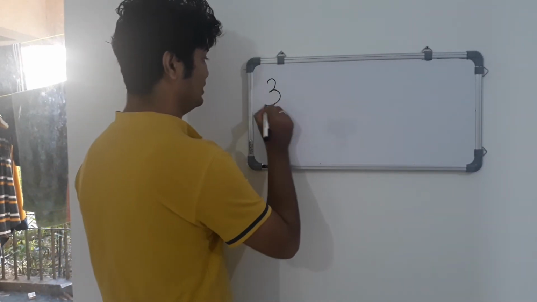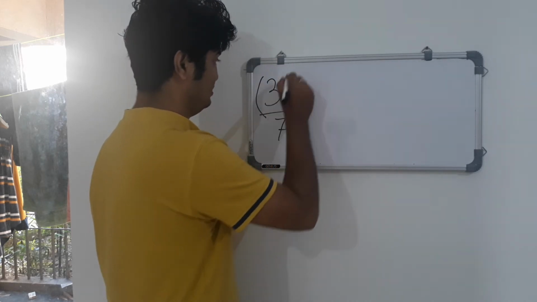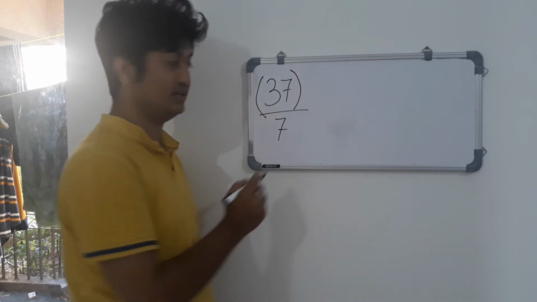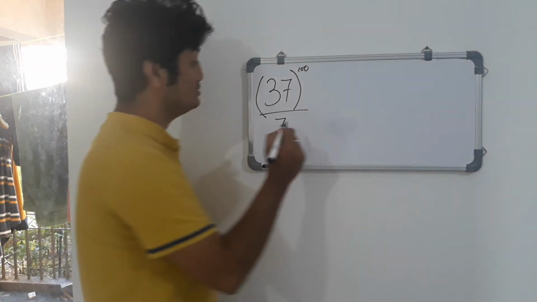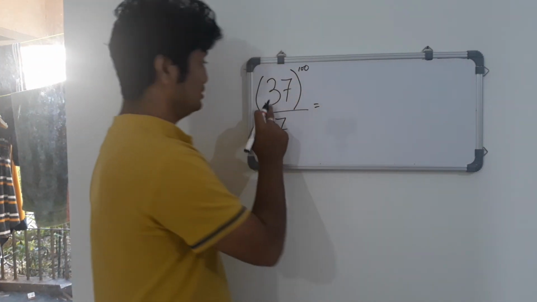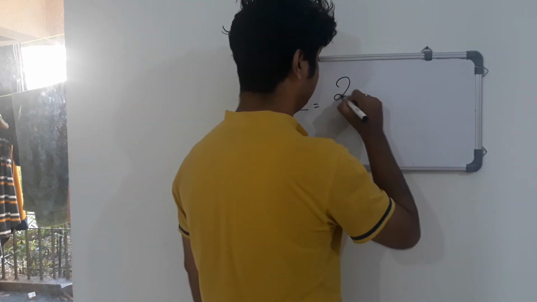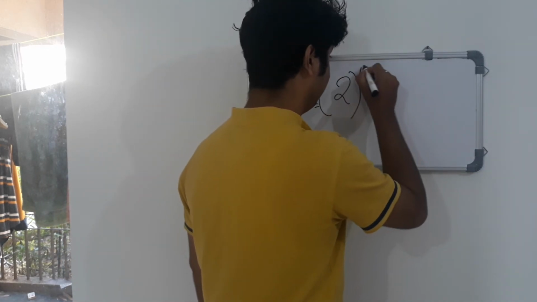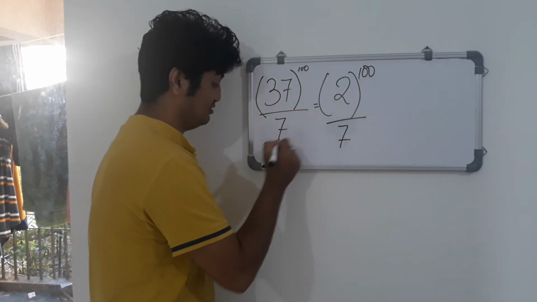So you will often get questions like 37 whole to the power of 100 divided by 7. So this is the question, you have to find the remainder. Okay, so the question can be formalized as 37 is having a remainder of 2 with 7, since 7 into 5 is 35, which is effectively 2 to the power 100 by 7.